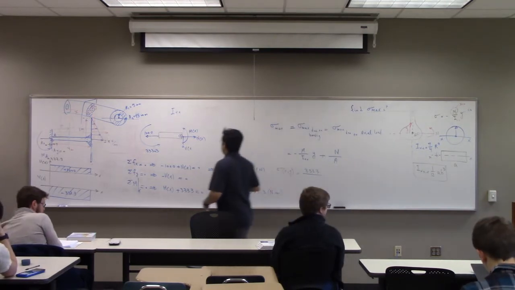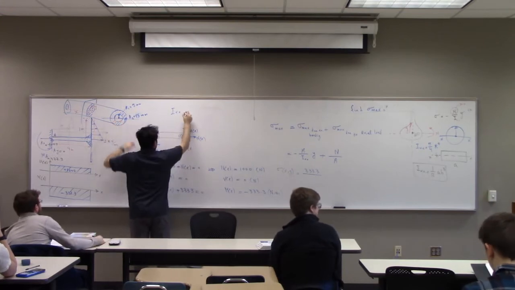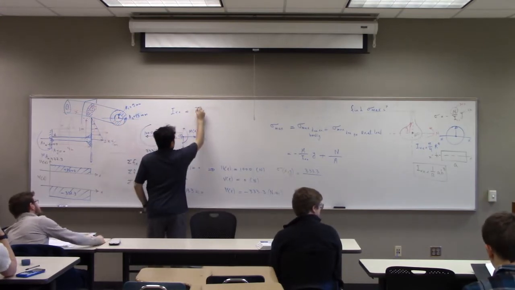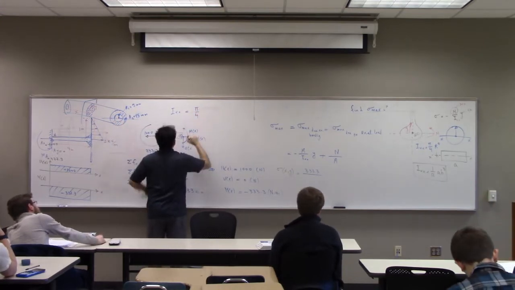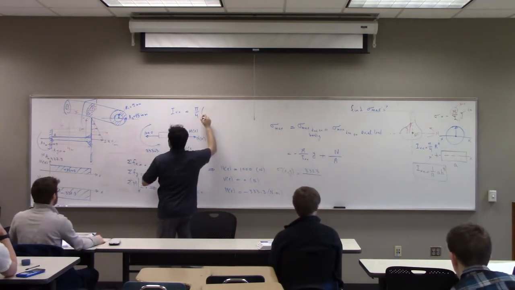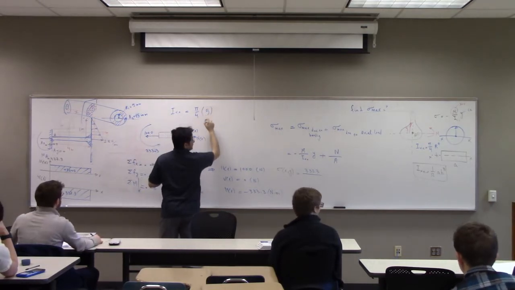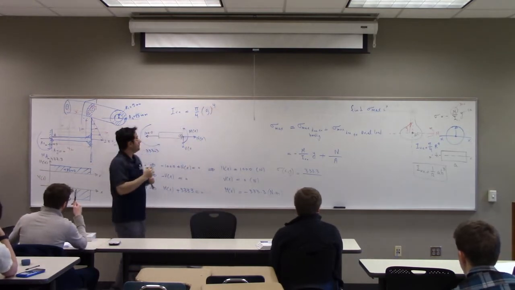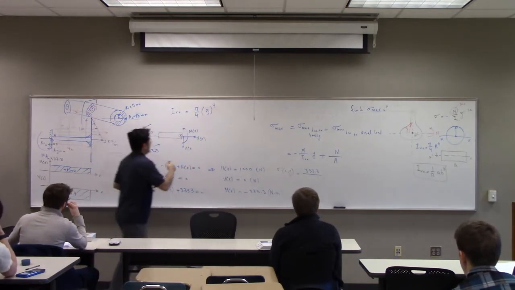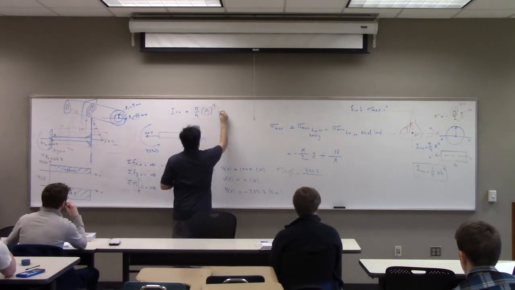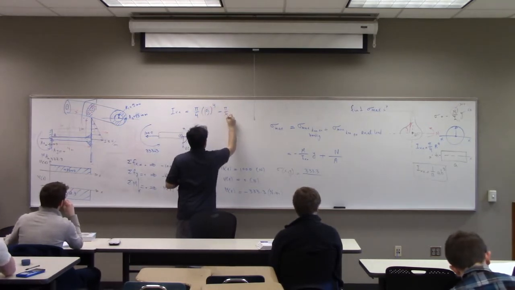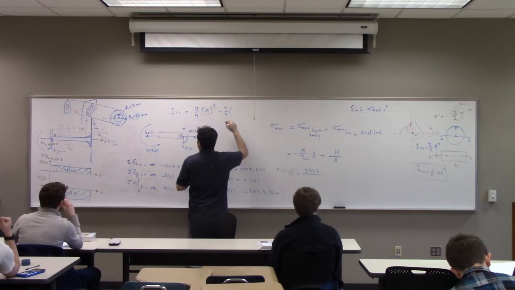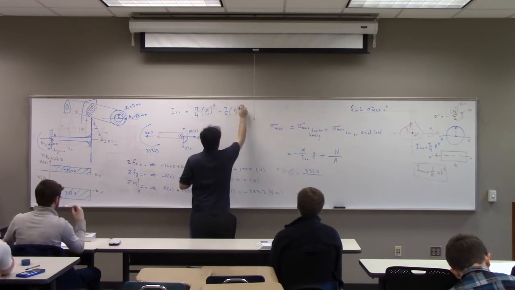So if I want I_xx for something that has an empty hole here, then you say pi over 4 the outer radius to the 4th. Which one is 15? 15 is the outer. Yeah, 15, sorry. 15 to the fourth minus pi over 4 times 5 to the fourth.